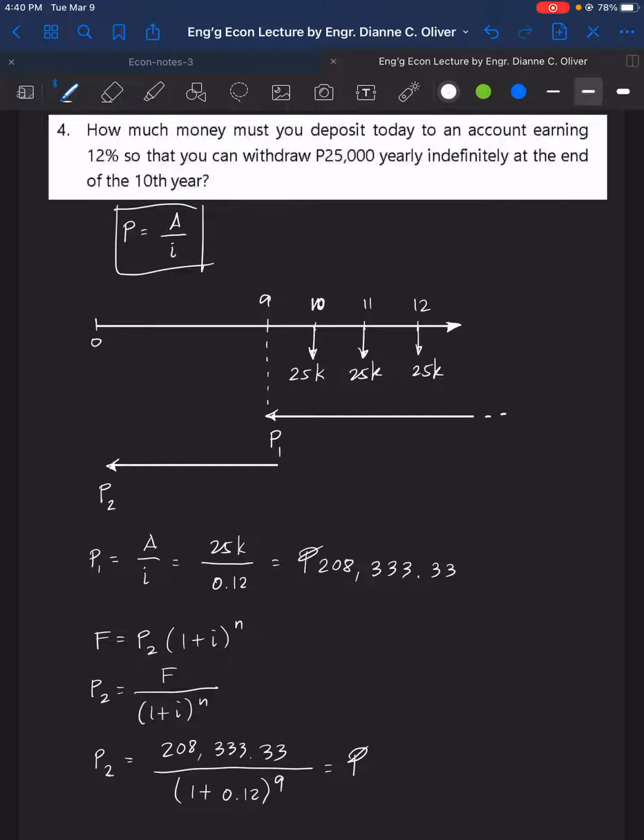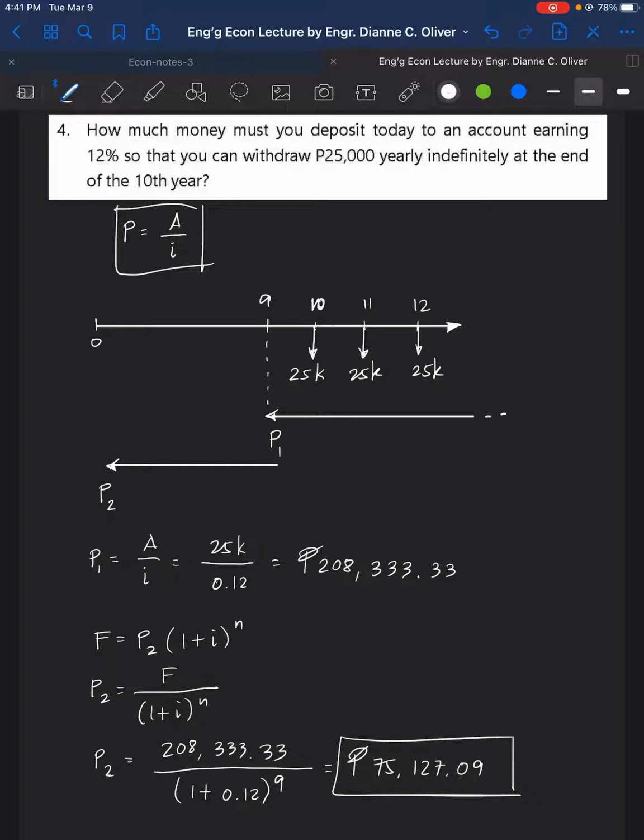So P2 is equal to 75,127.09 pesos. This is the amount that you will deposit today at year 0, so that you can withdraw 25,000 pesos yearly indefinitely at the end of the 10th year.